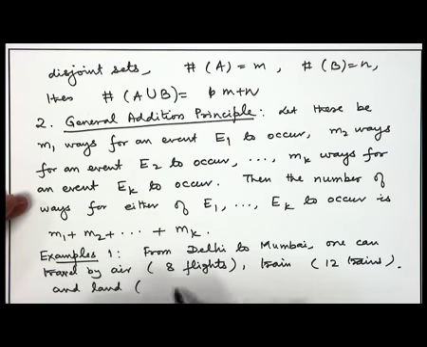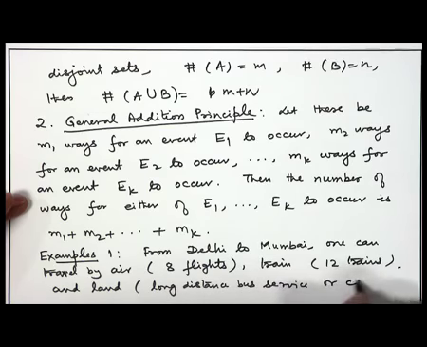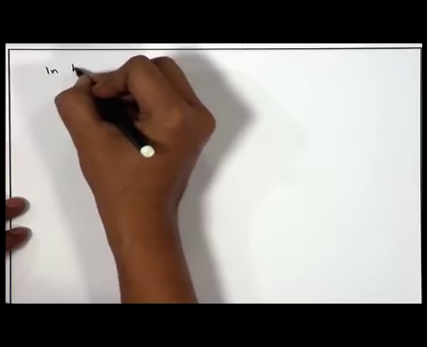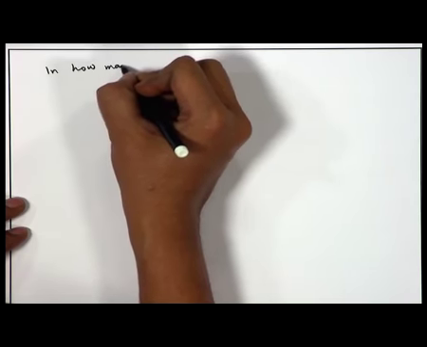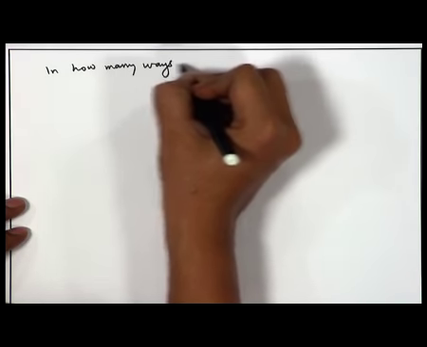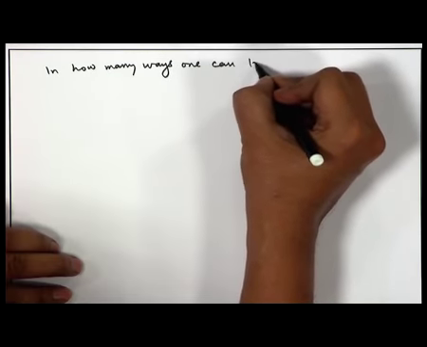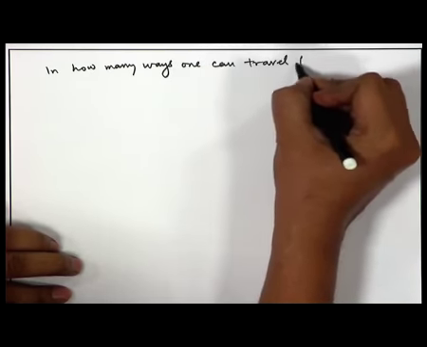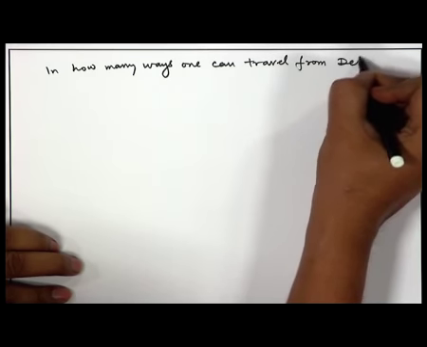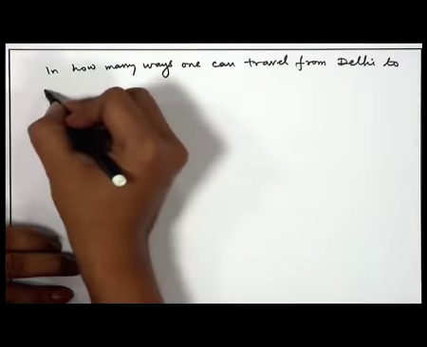And in land he can use long distance bus service, or he can use a car. Then in how many ways can one travel from Delhi to Mumbai?